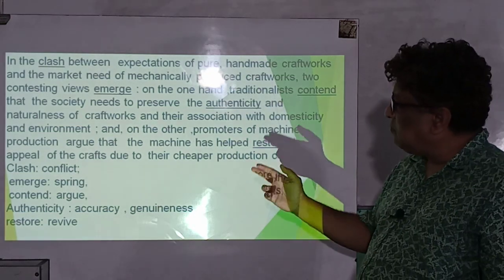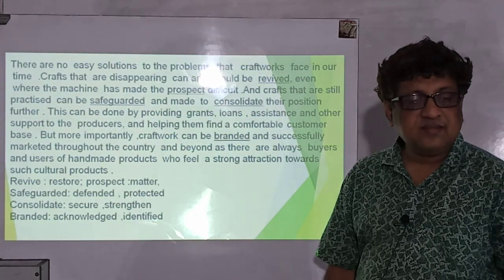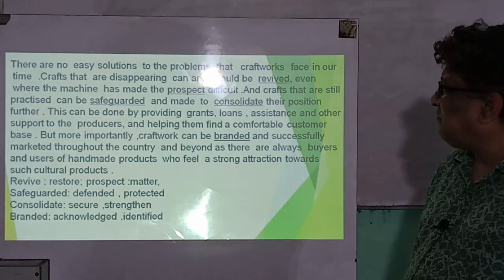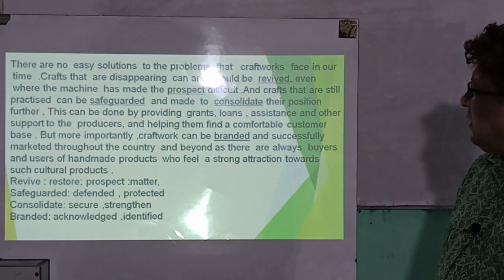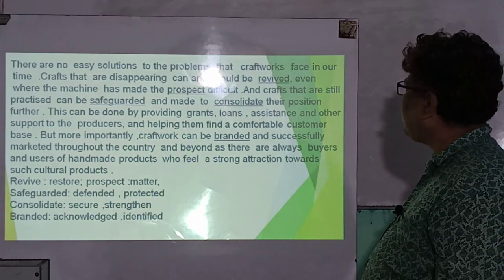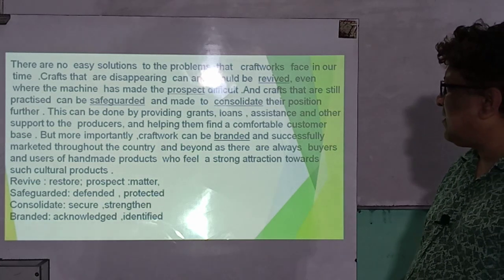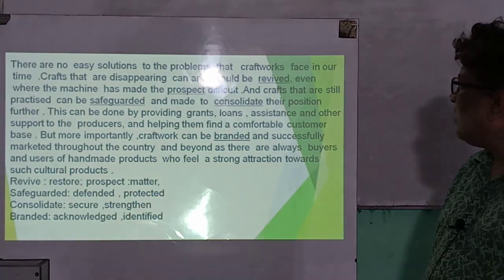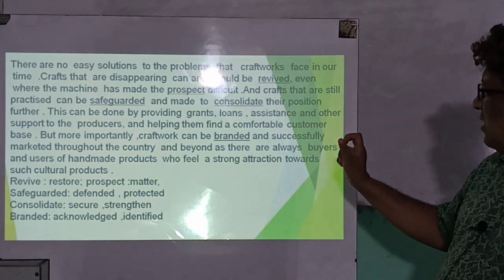Now we will move to the final section. In the final paragraph, there are no easy solutions to the problems that craftworks face in our time. Crafts that are disappearing, means withering, fading, can and should be revived. So revived means restored.